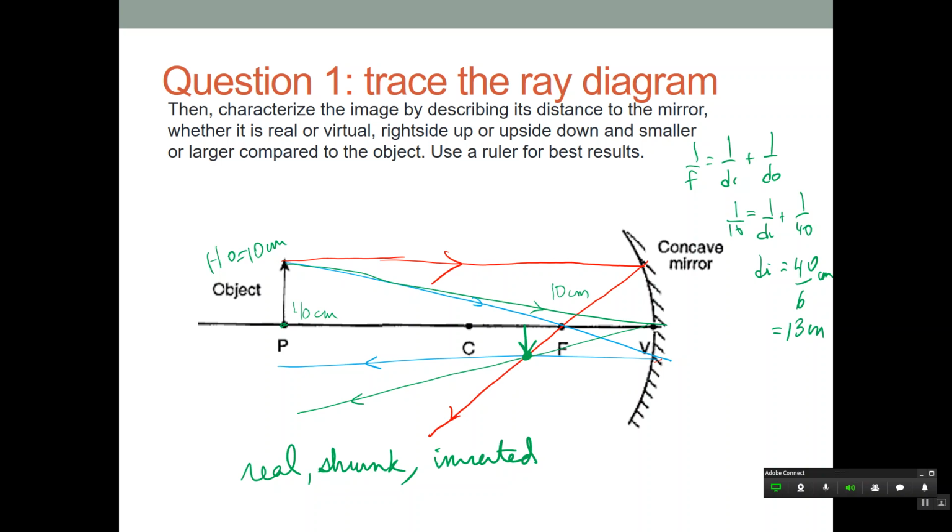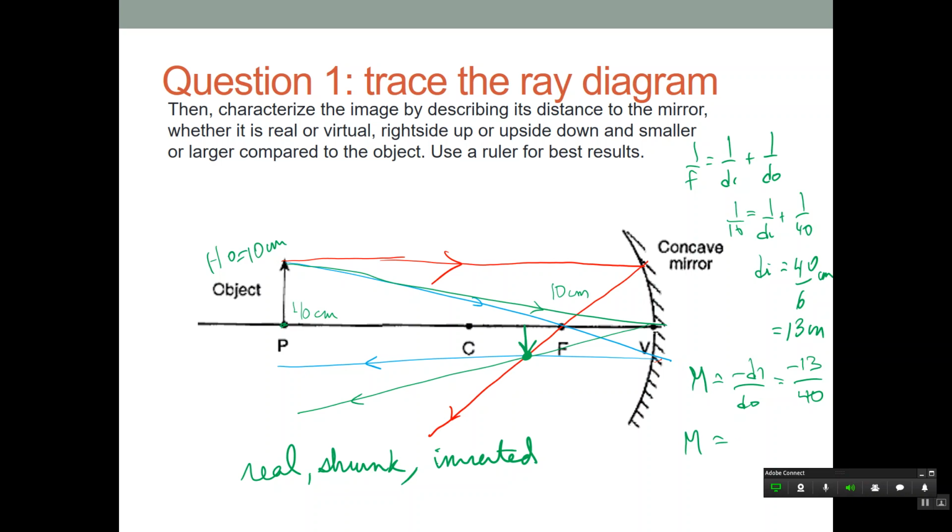If I wanted to find the magnification, I can do minus di over do. So it would be minus 13 over 40, because that's going to give me a negative number. 13 over 40 is going to be 0.3.